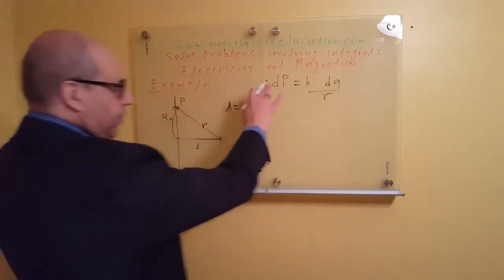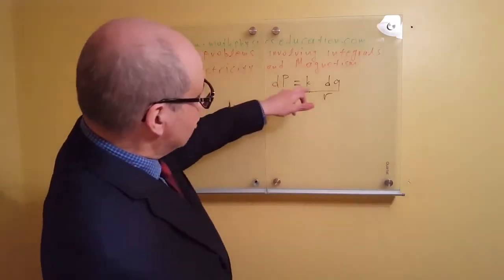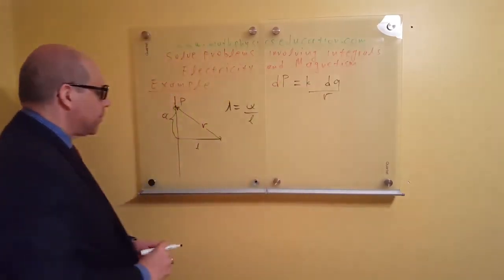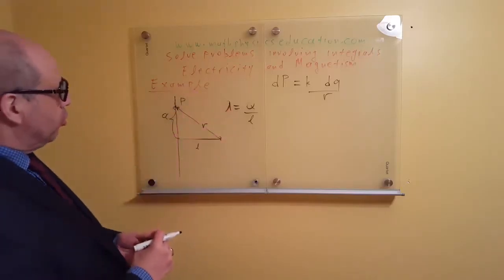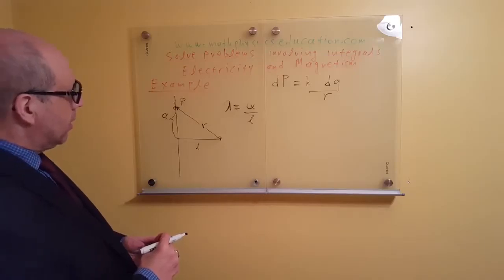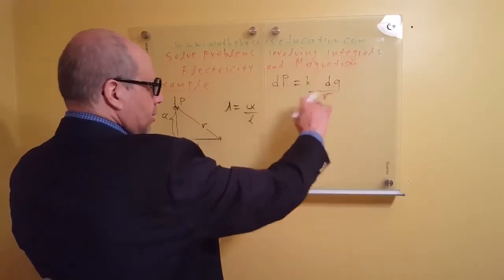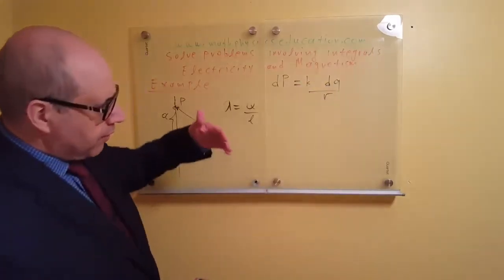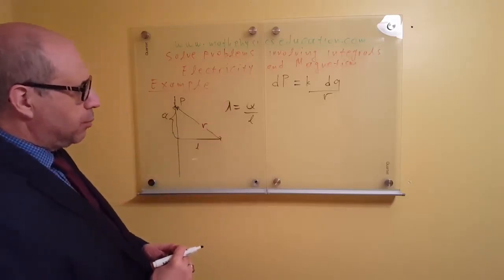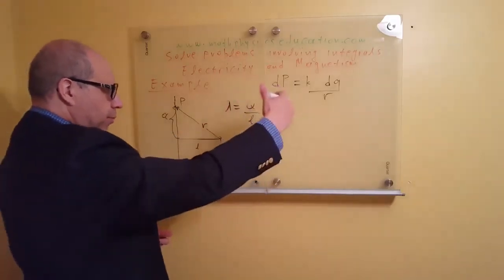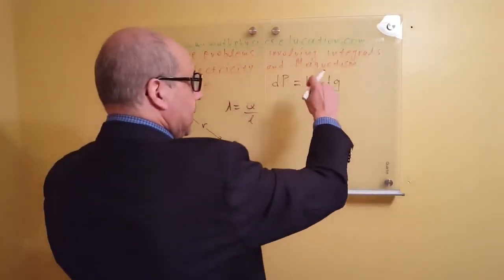Since we have the formula lambda equal to Q over L, you have Q equal to lambda times L, and if you take the derivative of both sides, you will have dQ equal to lambda, because lambda stays constant, times dL.